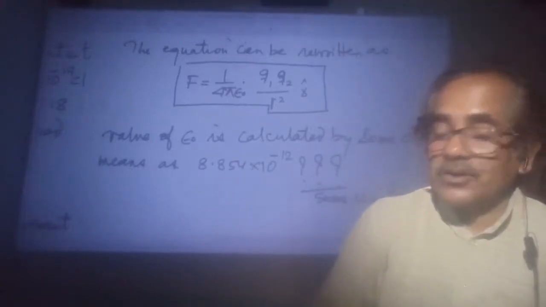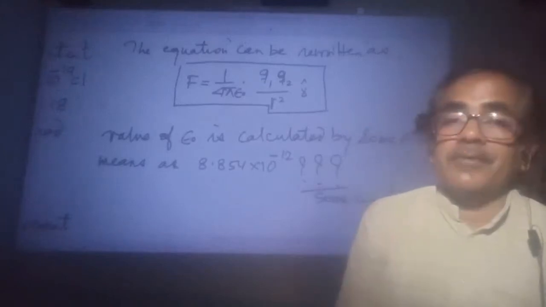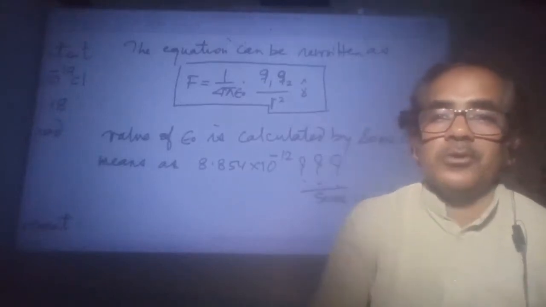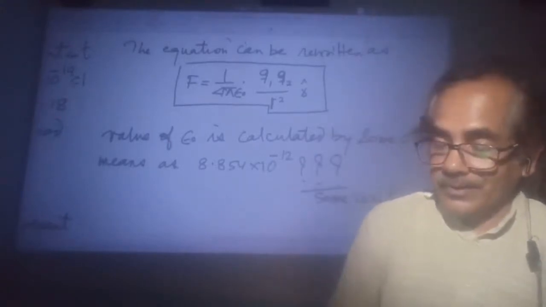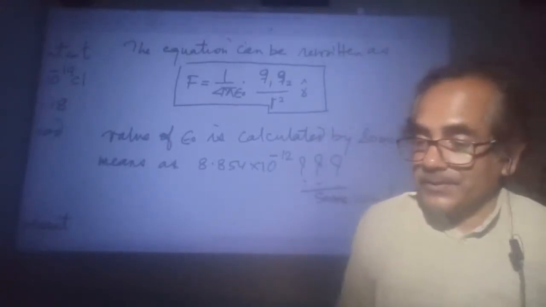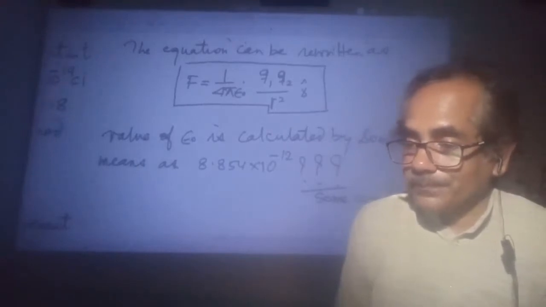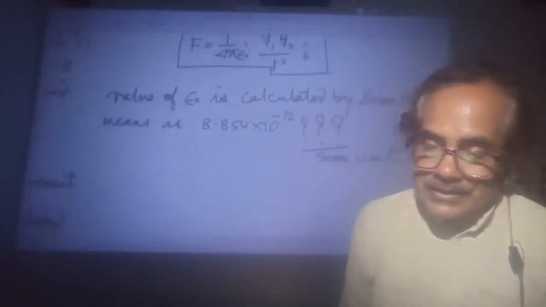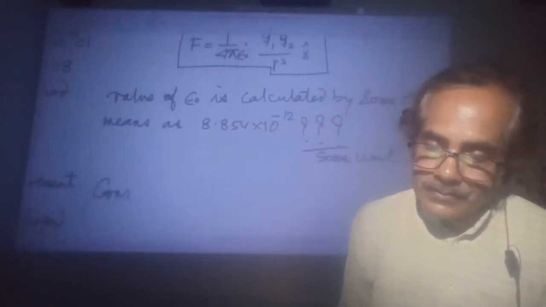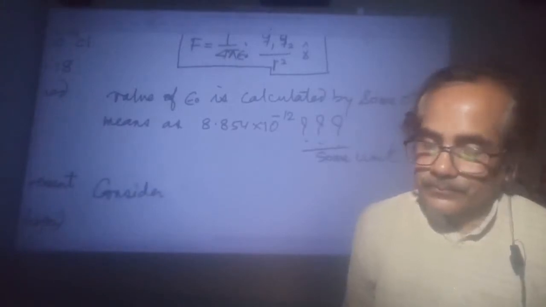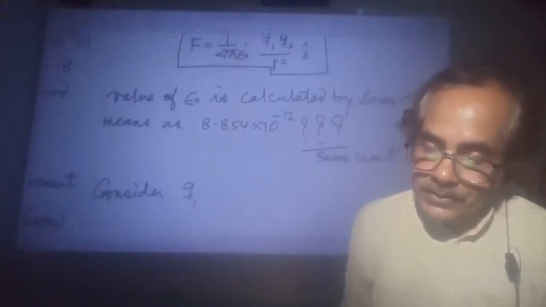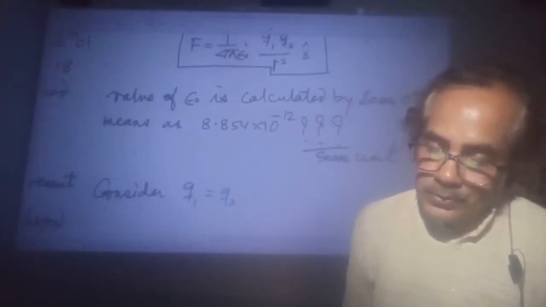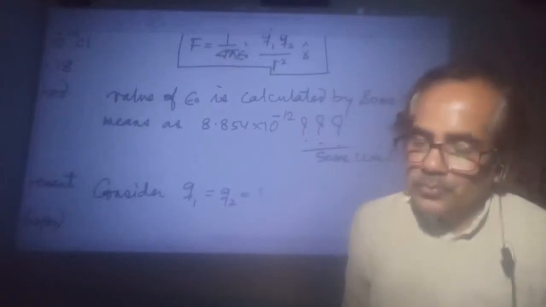Since Q1 and Q2 I am keeping for granted that we do not know about them, I am not considering this unit right now. So consider Q1 equal to Q2, assume 1.